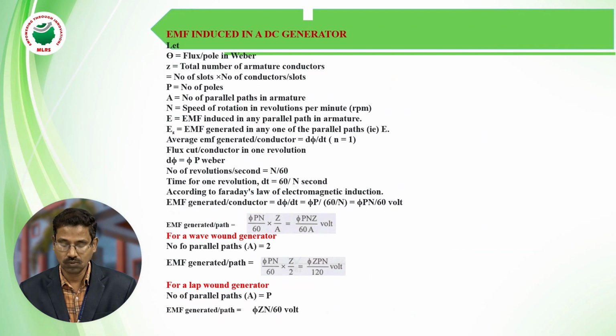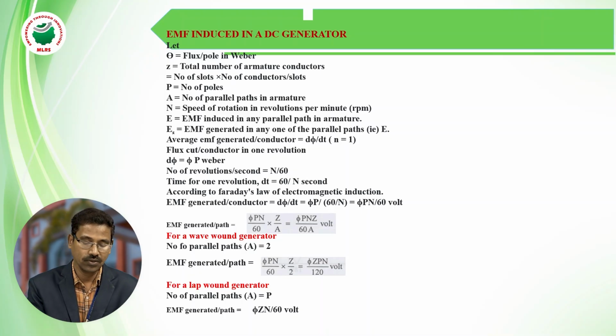The next one is the EMF induced in a DC generator. We are going to see the EMF equation of the DC generator. For that, let us consider certain parameters.